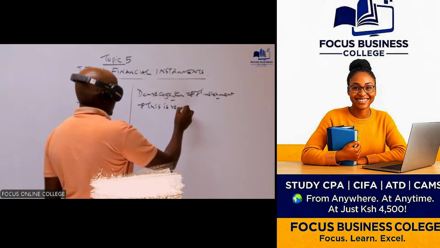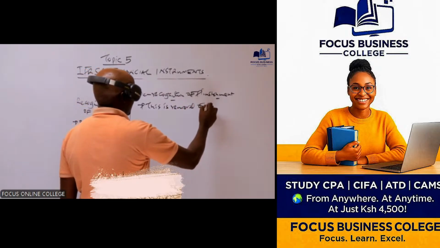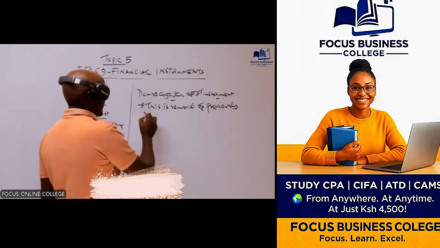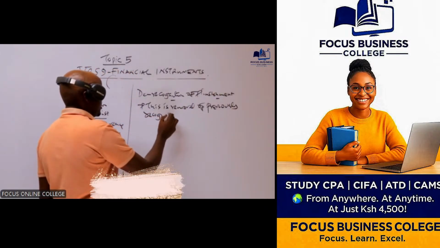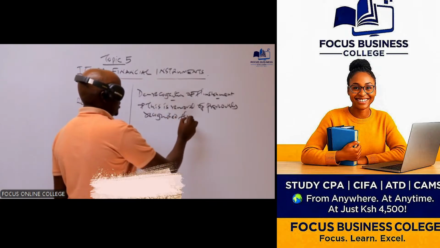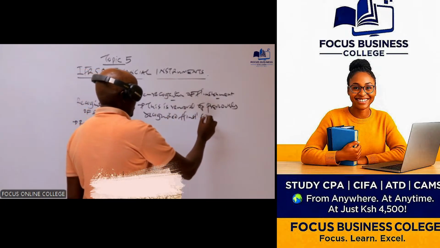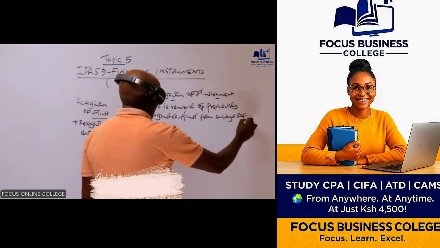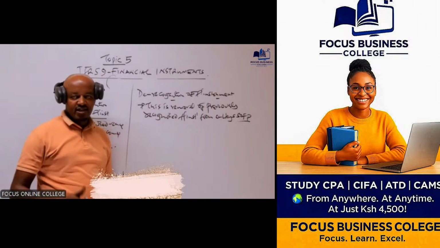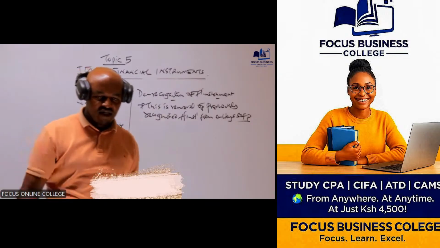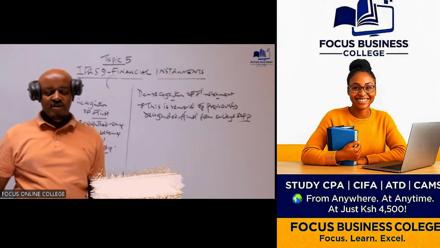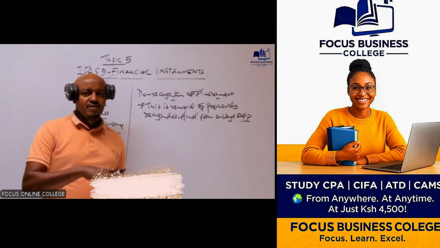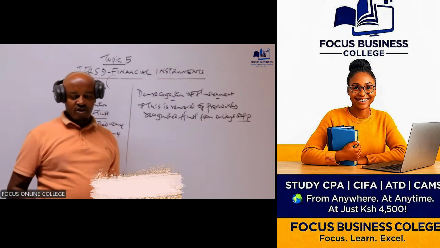This is the removal of previously recognized financial instruments from the entity's statement of financial position. A company had issued debentures, but now those particular debentures have been removed from the statement of financial position. They will no longer be shown there as a liability. That process we refer to as derecognition.